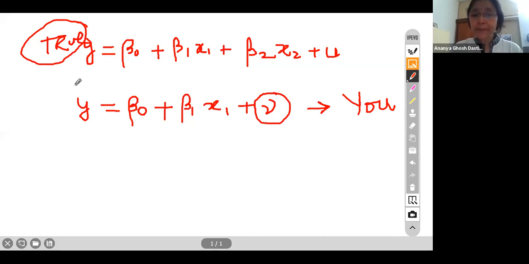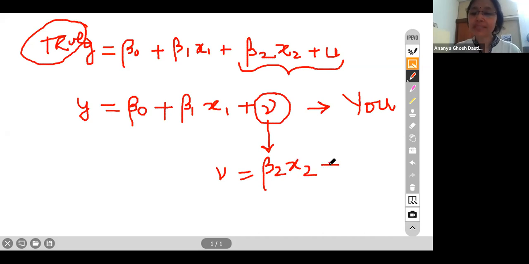Now look at what is happening. What you think is the error is actually not the error. Why? Because you think, okay, this is the error, it's random. But no, sitting in it is beta 2 X2 plus U. This is the error.